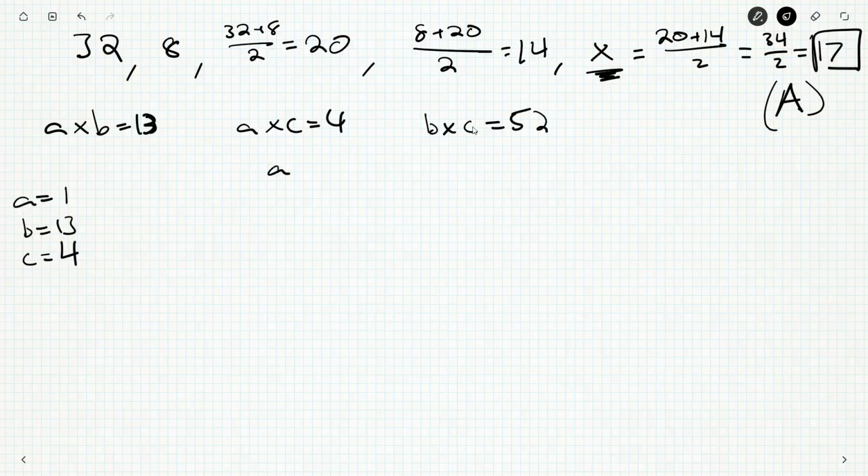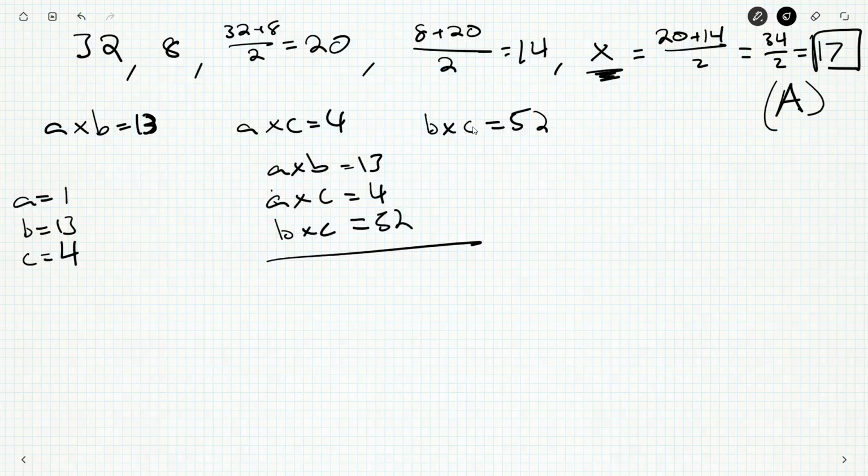So how about we multiply all of these? So a times b, a times c, b times c. We're just going to multiply on both sides. We'll get a squared times b squared times c squared, and then we'll get 13 times 4 times 52.